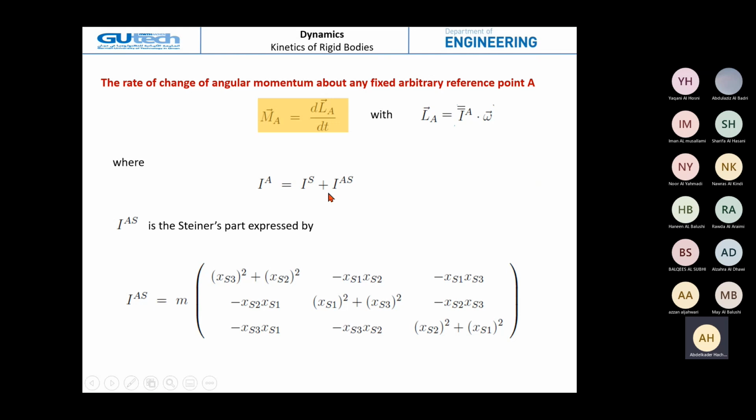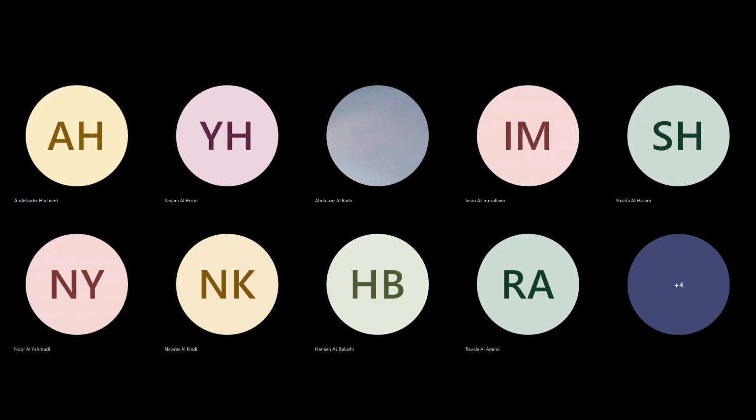And now we add the Steiner part to shift to the point A. Now, the important part for me is to come to exercise 4.